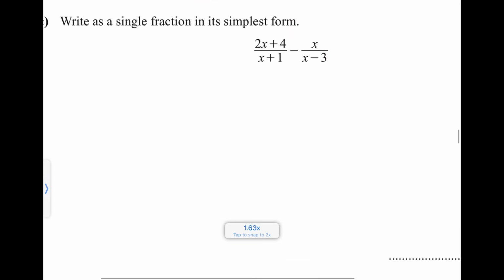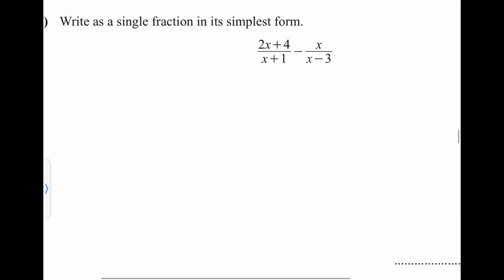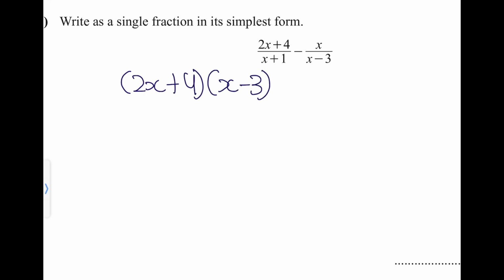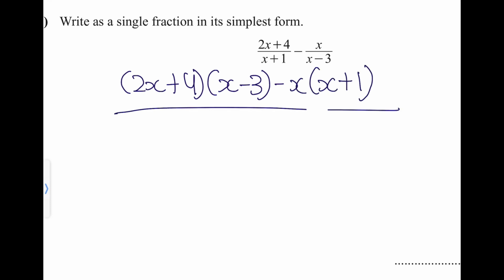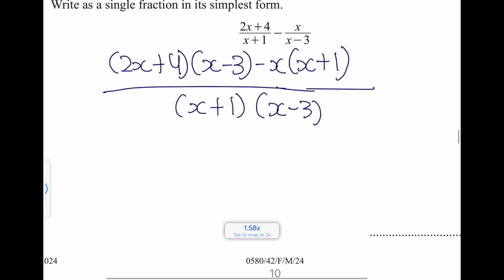Next up, we're asked to simplify this. Again, what you're going to do is have 2x minus 4, 2x plus 4, x minus 3 minus x plus 1 over x plus 1 and x minus 3. Now in these questions, the difficulty I mostly face is in the sign of the above one.